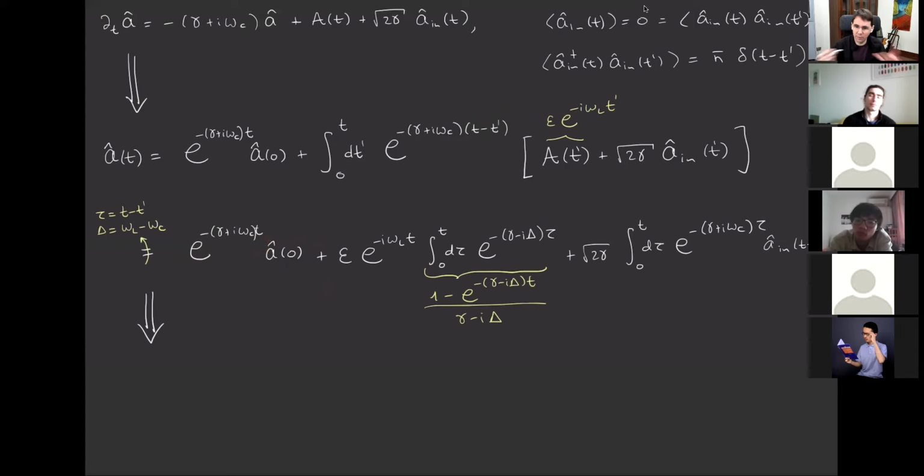If your state is a physical state that is bounded initially, if you wait long enough, it will be completely destroyed by this exponential. And of course the same happens for this term in here. So therefore, in the limit when gamma t goes to infinity, so what we call the asymptotic or steady state or stationary state limit, then the final solution is this one in here.